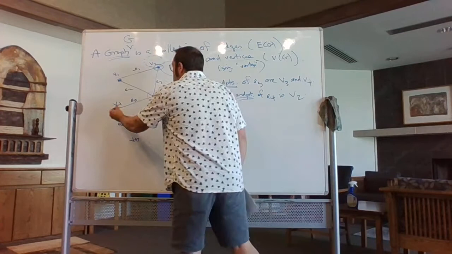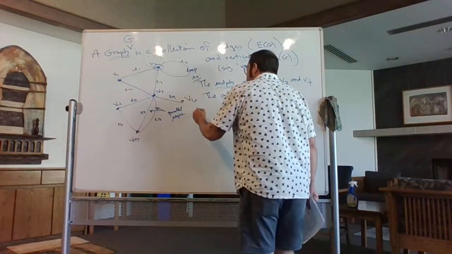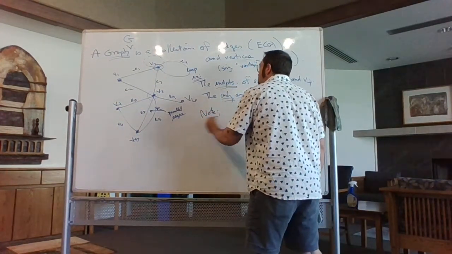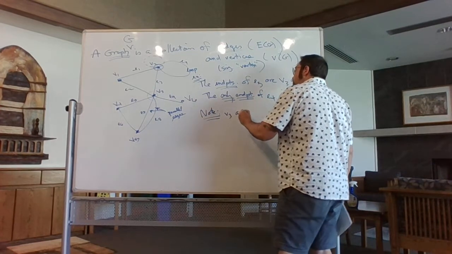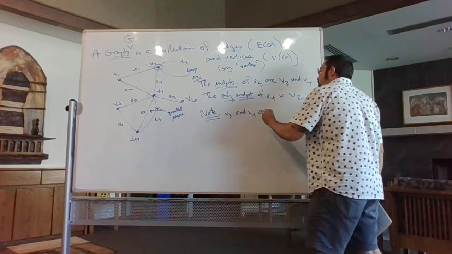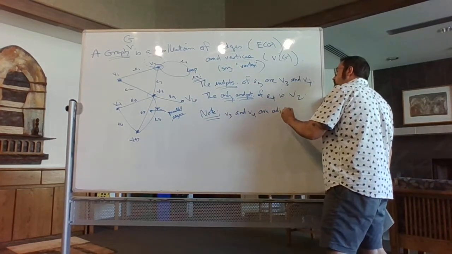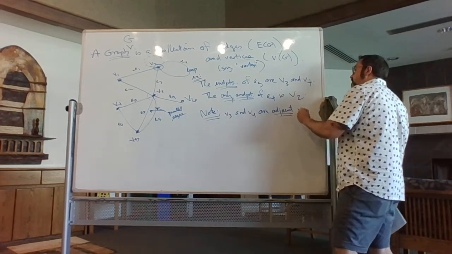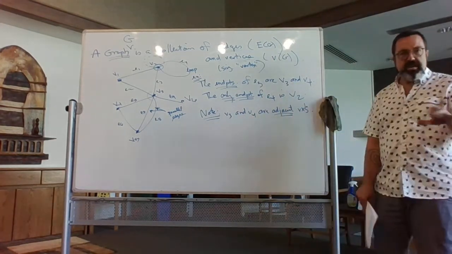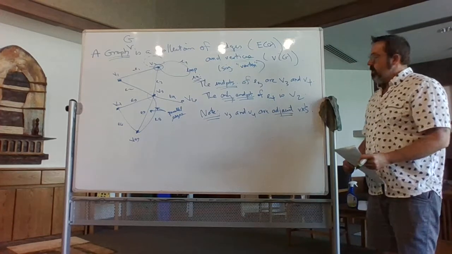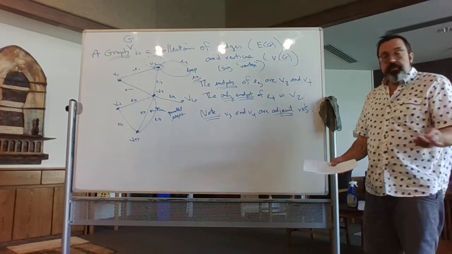So V4 and V3, for instance, note that V3 and V4 are adjacent vertices. I'll get lazy sometimes and write VXS for vertices. They are adjacent vertices because there's an edge between them.